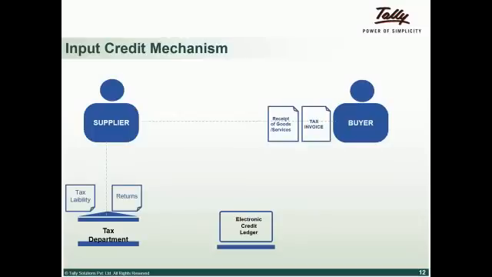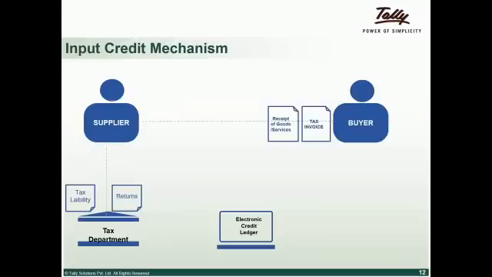So now you get this provisional ITC on this particular invoice, and the outward supplier needs to file the return on time, okay, and he has to pay the tax liability. We will see what the timelines are and what the different returns are that are made available under the GST. If these two things have been met, then the buyer will get the ITC credit. So in this case, let us take a use case.